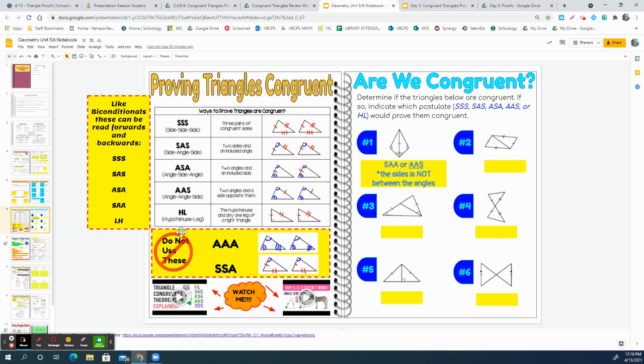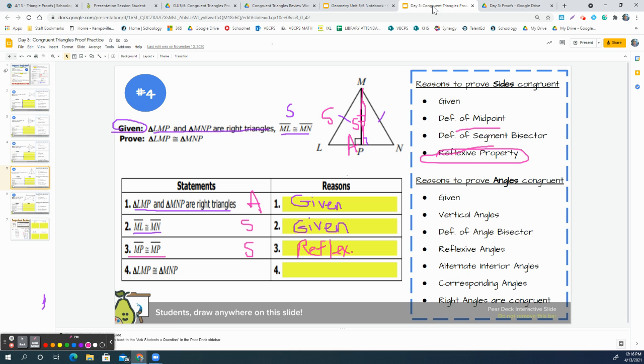What's this hypotenuse leg thing? Can I do hypotenuse leg? I've got a right angle. Opposite that right angle, it doesn't necessarily have to be a side.